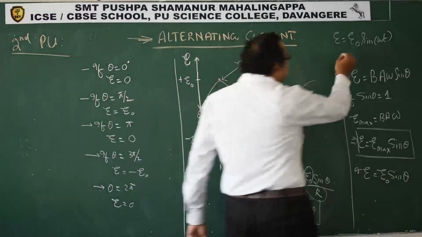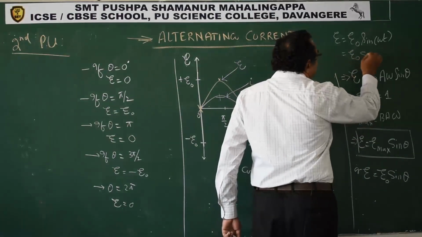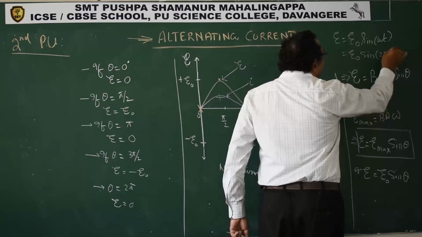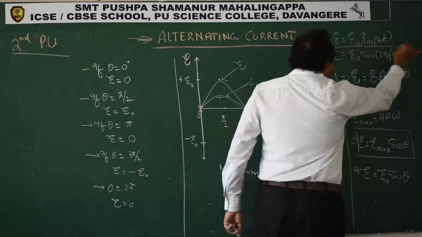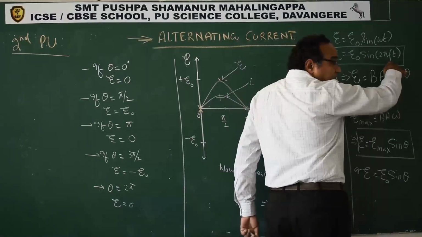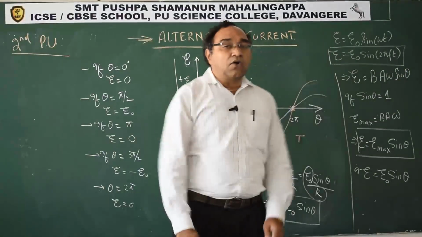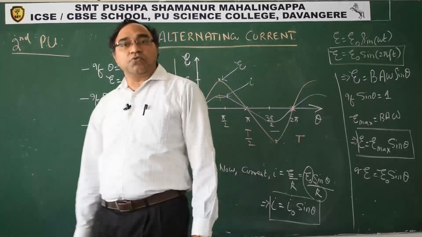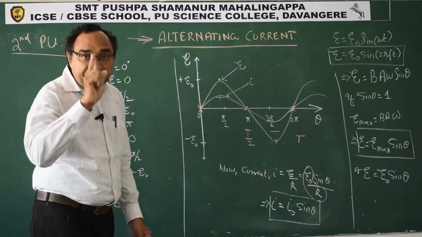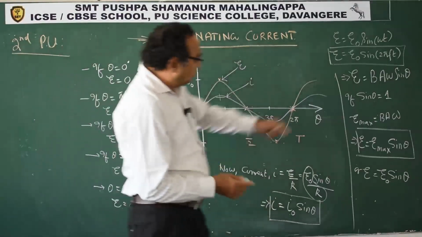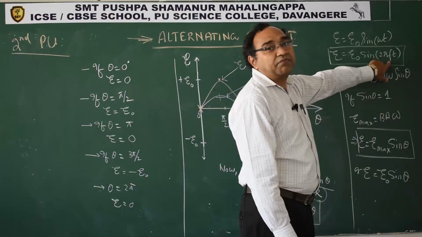You can also write it this way, E naught sine of 2 pi ft. You can also write it this way. See, it is a function of frequency, and that is why if you remember household mains, you have 230 volts, 220 volts, 50 hertz. This 50 hertz is what? That 50 hertz is this. This f is 50 hertz.